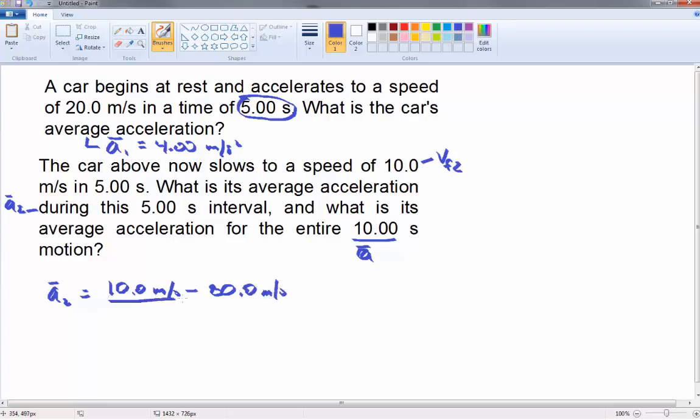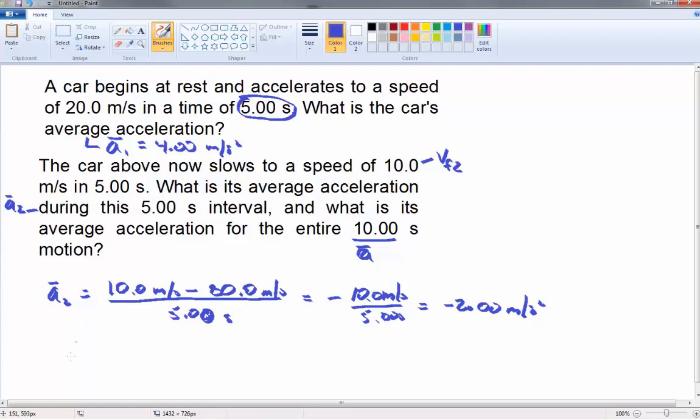And then we divide the whole thing by 5 seconds. So what do we get for that? Well, we're going to end up with negative 10 meters per second divided by 5 seconds. And so that's negative 2.00 meters per second squared.